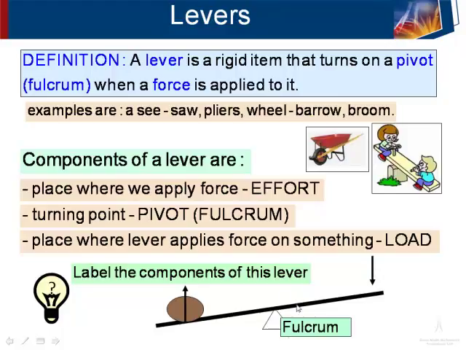Here we can see the pivot or the fulcrum. Here we can see the load. And on this side, the effort, the place where we apply the force. The pivot or the central fulcrum. And here, where the lever applies the force on something, is called the load.